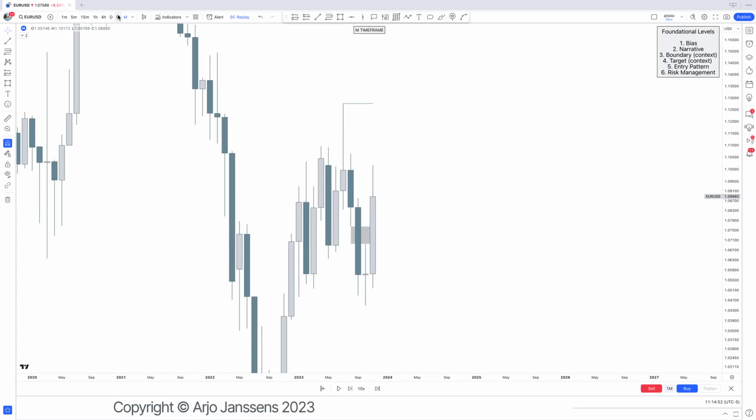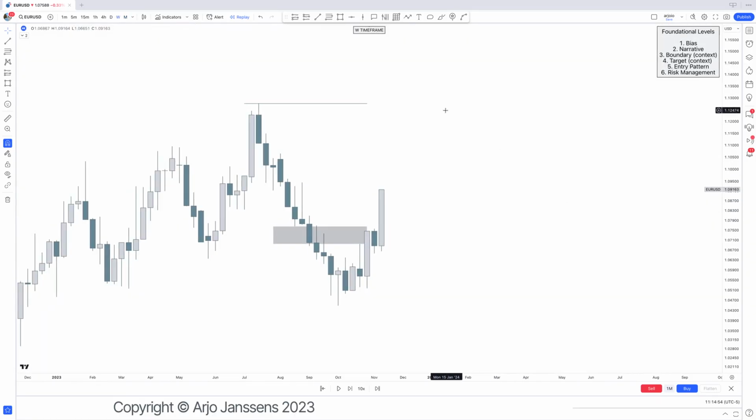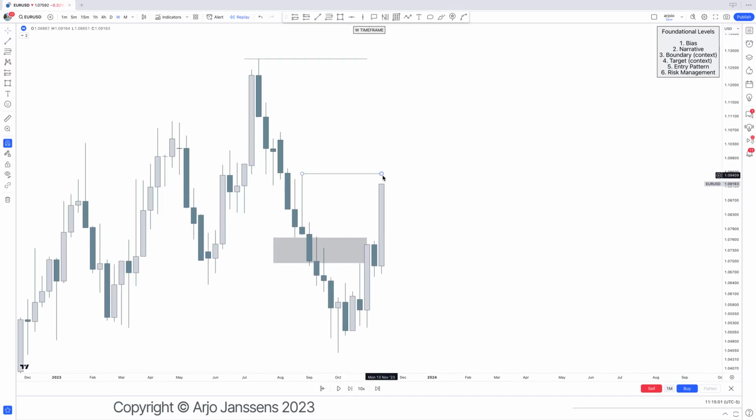So let's go into the weekly to see if we have something. On the weekly, we have this swing high sitting right there. That is the closest premium array that we can now target. Perfect. Once we understand that, we can use that as our draw on liquidity.